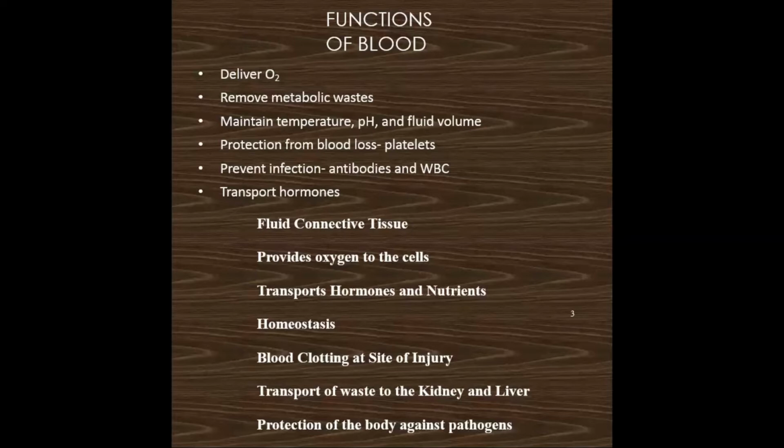Blood is a fluid connective tissue composed of 55% plasma and 45% formed elements, which include red blood cells, white blood cells, platelets, and other cells. Since these living cells are suspended in plasma, blood is known as fluid connective tissue and not just fluid.